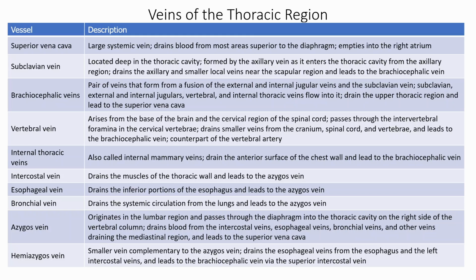The hemiazygos is going to just complement the azygos in draining from the esophagus, the left intercostal veins, and then lead it back into that brachiocephalic vein. So that's what they're going to lead into, the brachiocephalic or the superior vena cava, just draining the blood that we see in the thoracic cavity.